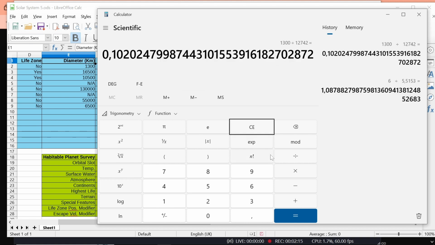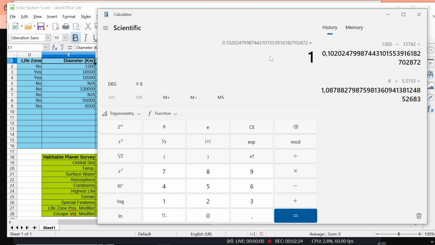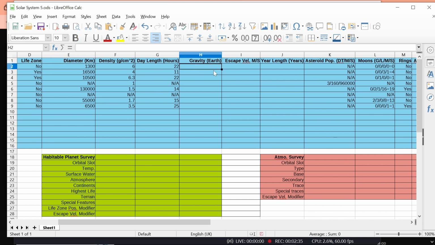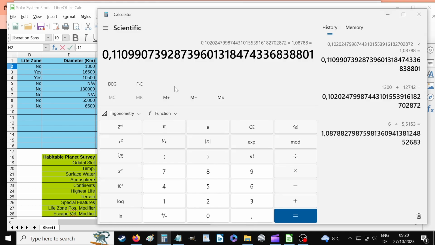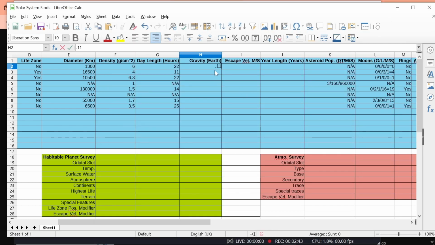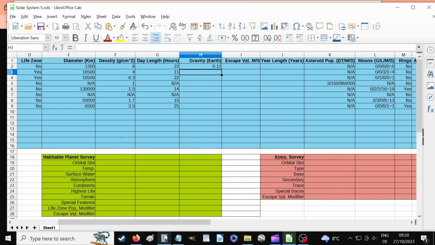And we take the result of this number and multiply it by 1.08788. And that equals 0.11. So the gravity for our first planet will be 0.11. What did it say? 0.110. Yeah, so I don't need to round it. Move on to the second planet.